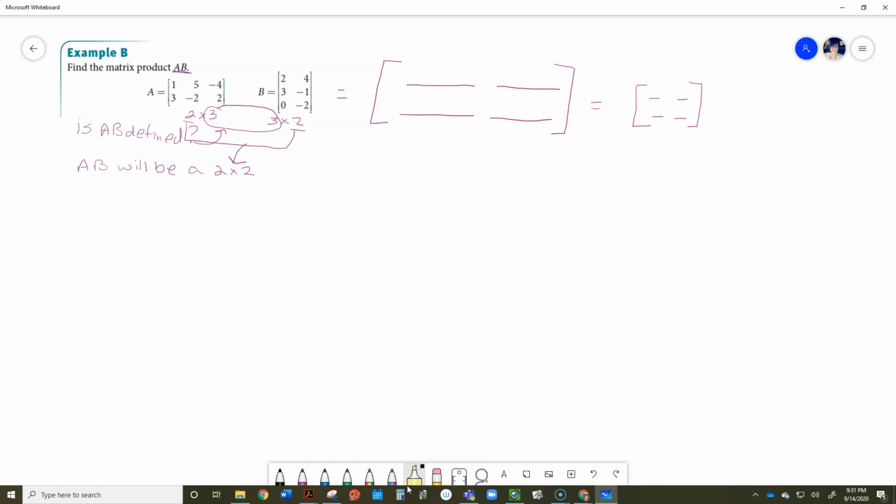So to get the entry that goes in row 1, column 1, I have to multiply row 1 right here by column 1 right here. So 1 times 2 is 2, plus 5 times 3, plus negative 4 times 0.